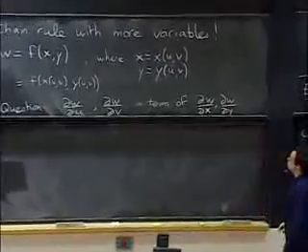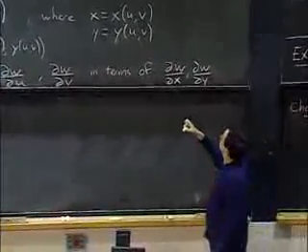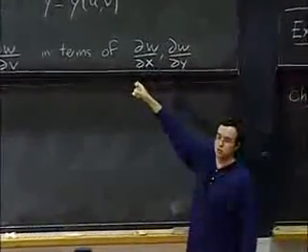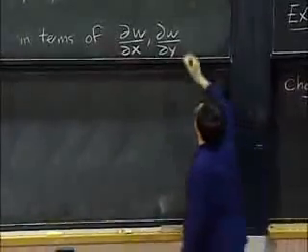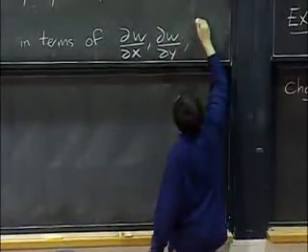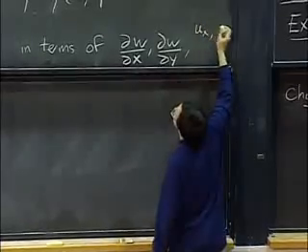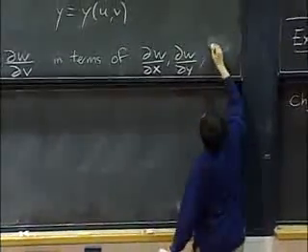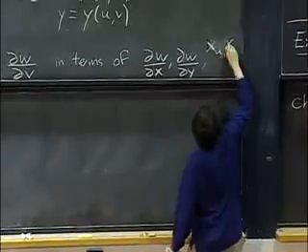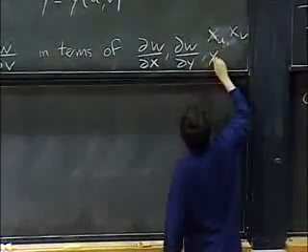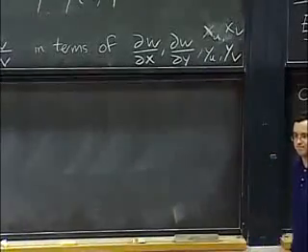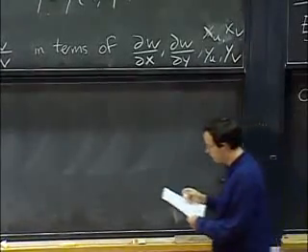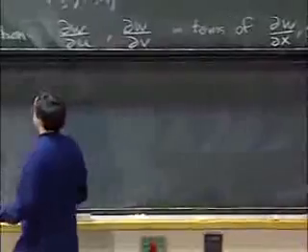What else should we know? Well, it would probably help to know how x and y depend on u and v. If we don't know that, then we don't really know how to do it either. So we need also, well, x sub u, x sub v, y sub u, y sub v. So we have a lot of partials in there. Well, so let's see how we can do that.